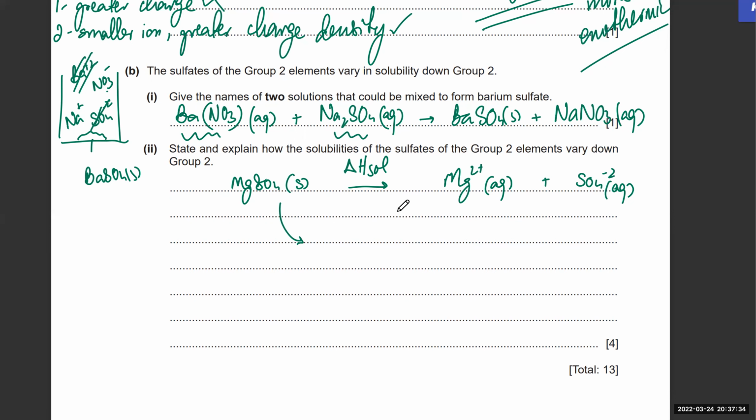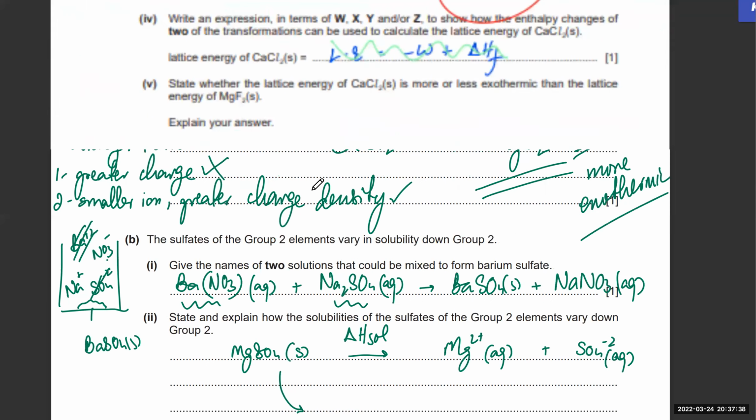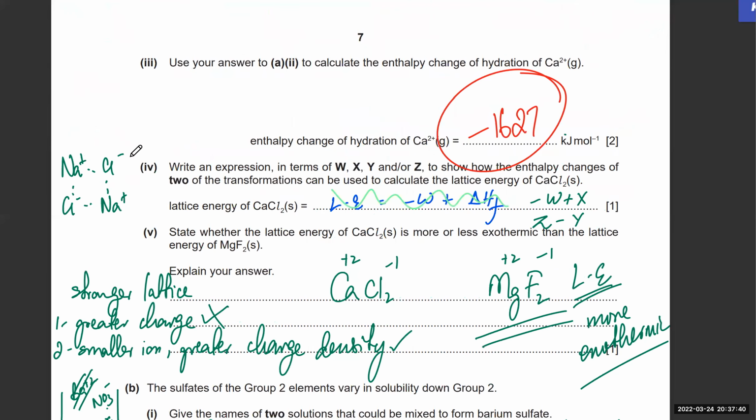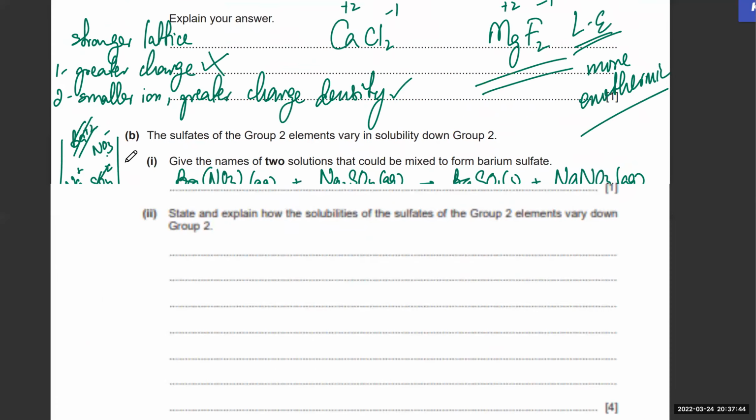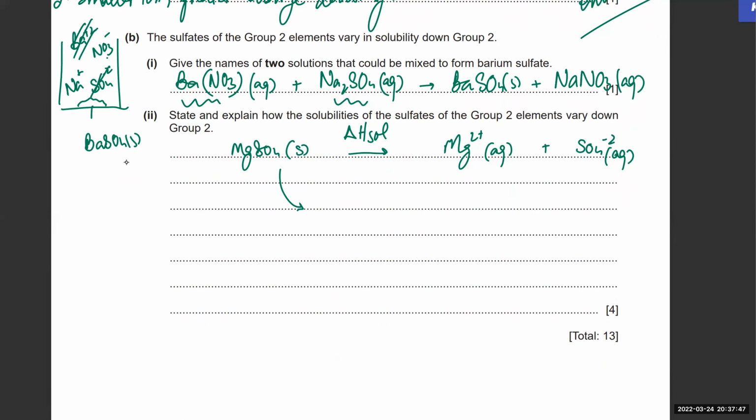There are two steps when you want to dissolve a salt. Like if I have NaCl, if I want to scatter the ions in water, the first thing is I would have to break the lattice. I would have to turn the magnesium ions and the sulfate ions into gaseous ions.